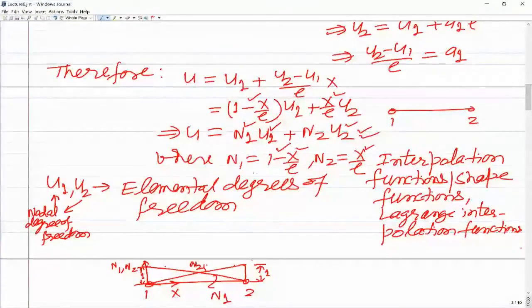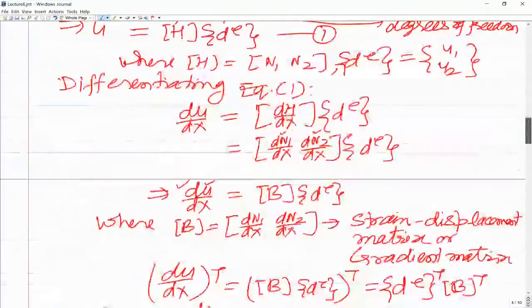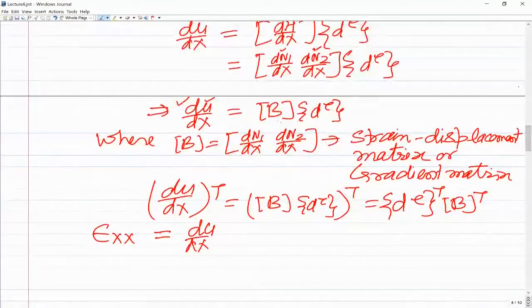Their derivatives dN1 by dx would be minus 1 upon l, and dN2 by dx would be 1 upon l. So they are constant, independent of x. So the strain epsilon x equal to du by dx, which is b into d^e, and since b is constant, it gives us a constant strain within the element.